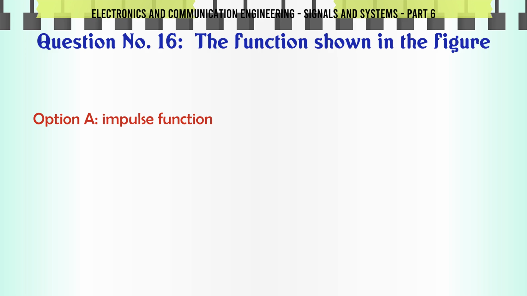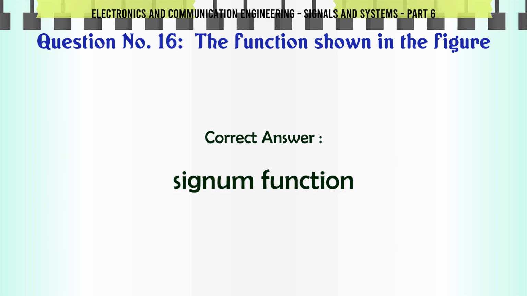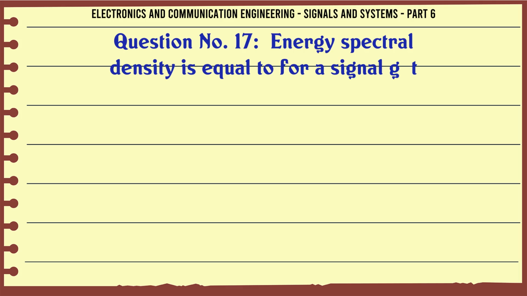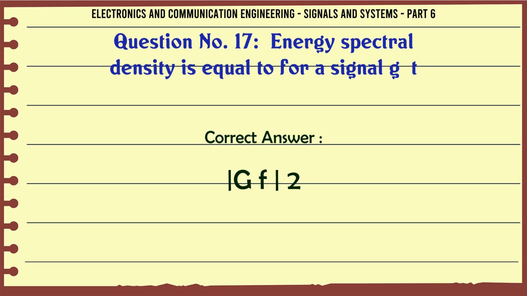The function shown in the figure is: A. impulse function, B. signum function, C. unit step function, D. none of the above. The correct answer is signum function. Energy spectral density is equal to what for a signal g(t)? A. |G(f)|², B. |g(t)|², C. |G(f)|² bandwidth. The correct answer is |G(f)|².